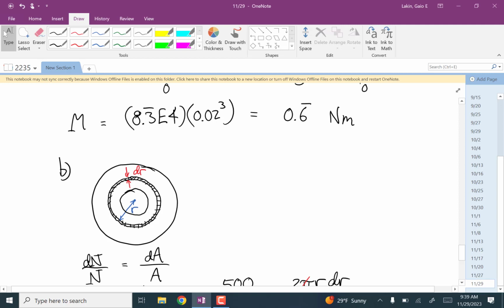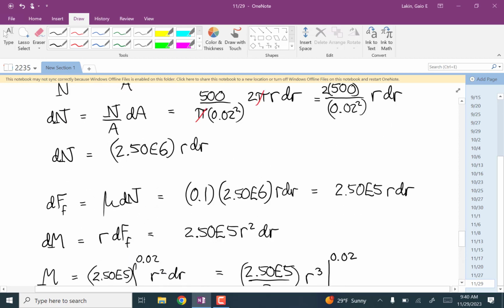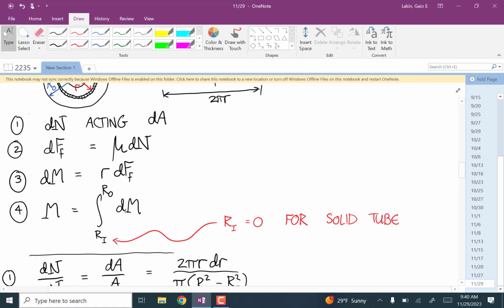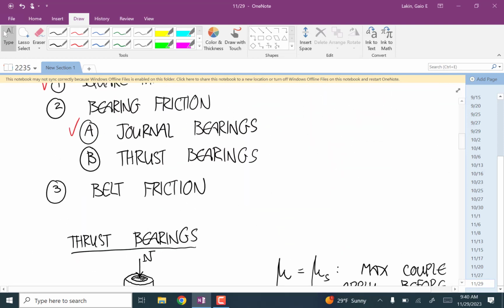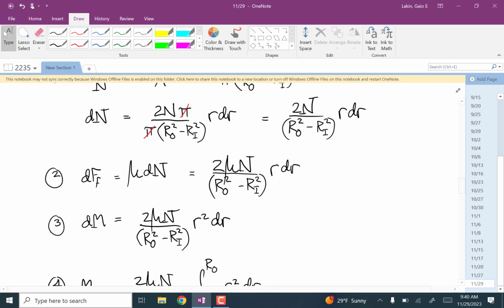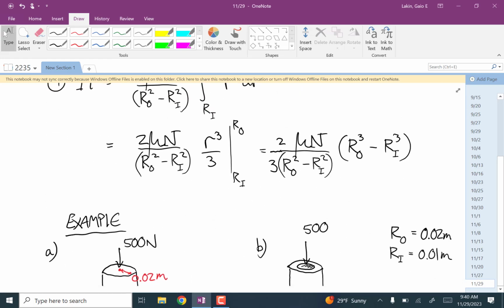How about the opposite, where the outside diameter just shrinks and you have the same force applied? Let's see if we can tell that from the formula.